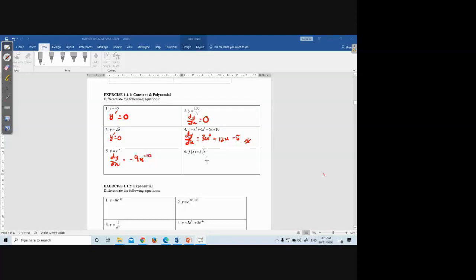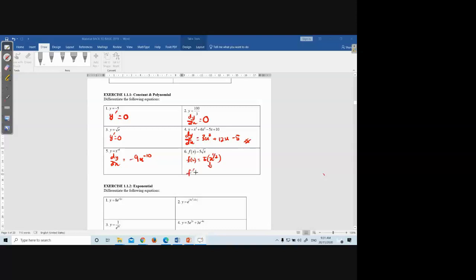What about this one? Okay, so we have to rewrite this. So we have f of x. Square root of x is actually x to the power of 1 over 2. When we write the square root of x as x to the power of 1 over 2, from here we know how to differentiate this, right?